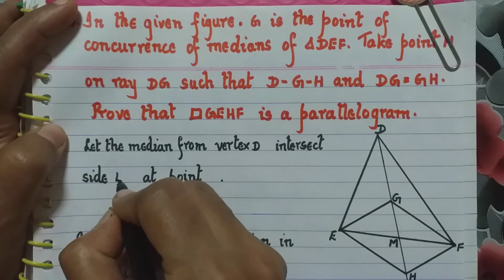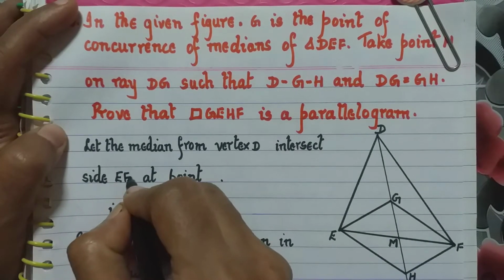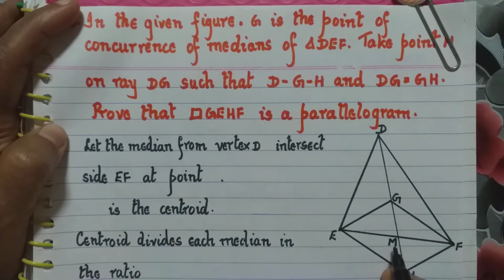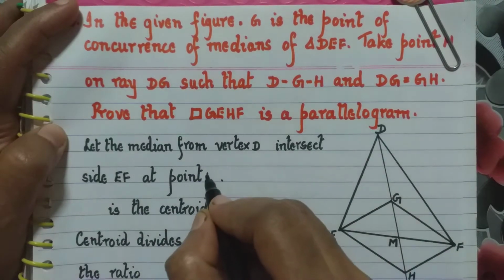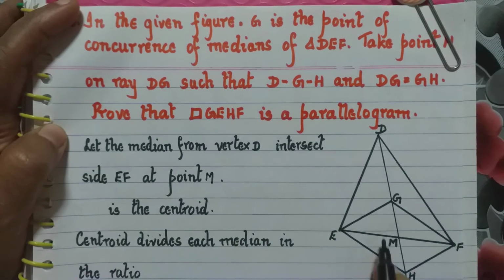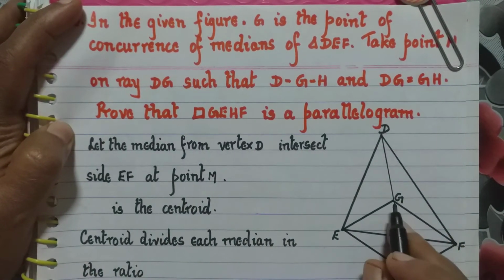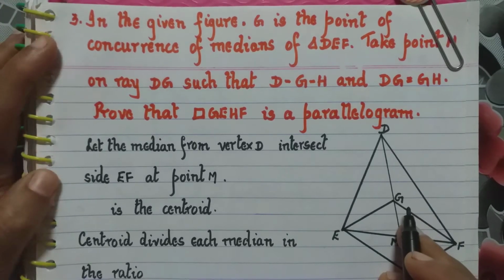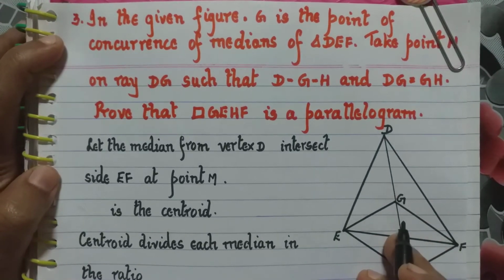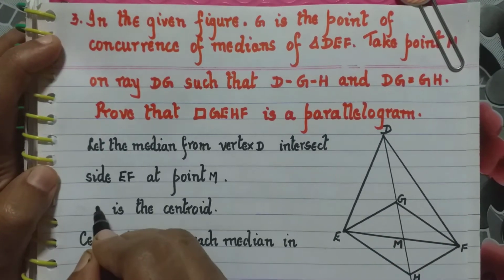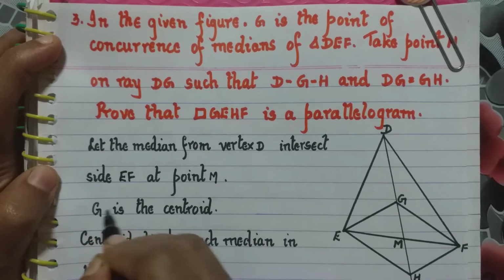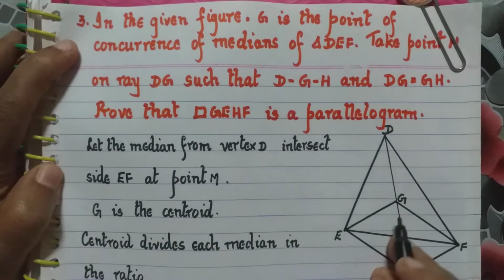We write here EF at point M. Now this G, they said, is the point of concurrence of the medians, and the point of concurrence of the medians is called the centroid. So we write here G is the centroid.